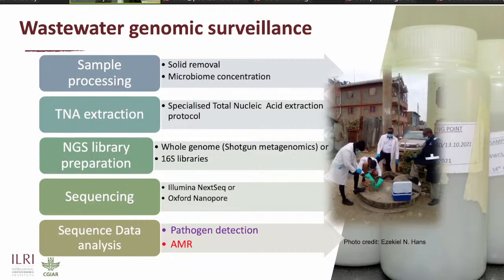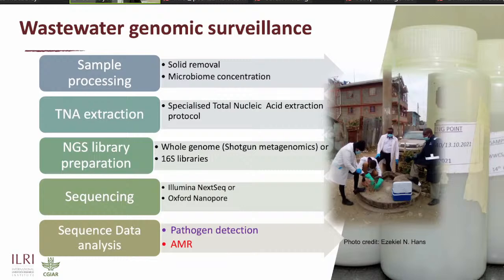And then we can sequence those samples on one of these next generation sequencing technologies, for example, Illumina or Oxford. For Illumina, as you all know, there are several platforms, but because of the complexity of wastewater in terms of the pathogens, I would prefer using NextSeq machines and above.